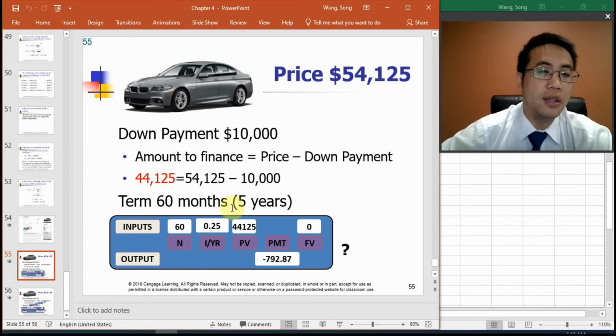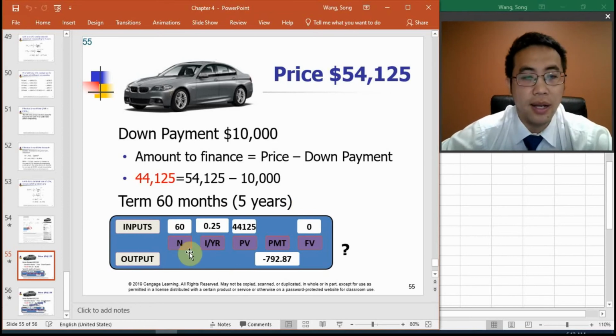So in the calculation, my number of periods will be 60, and the interest is 3% per year or 0.25% per month. So this is a very important trick we need to know. We have to convert the annual rate into the monthly rate just to be consistent.